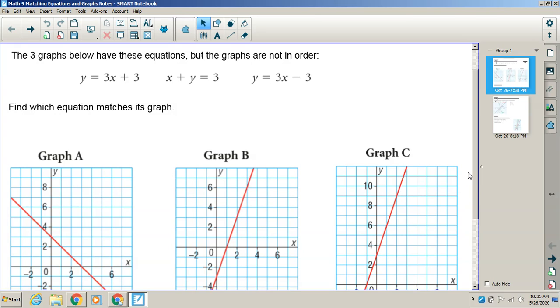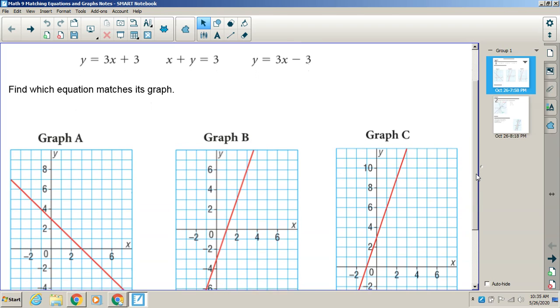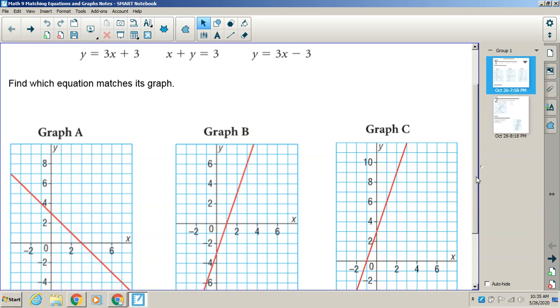So I'm going to look at each of these graphs and pick some points. For example, if I look at graph A, I know that there are certain ordered pairs that fall on this graph. I know this point, this point, and maybe this point, all are on graph A. This ordered pair here is 1, 2.